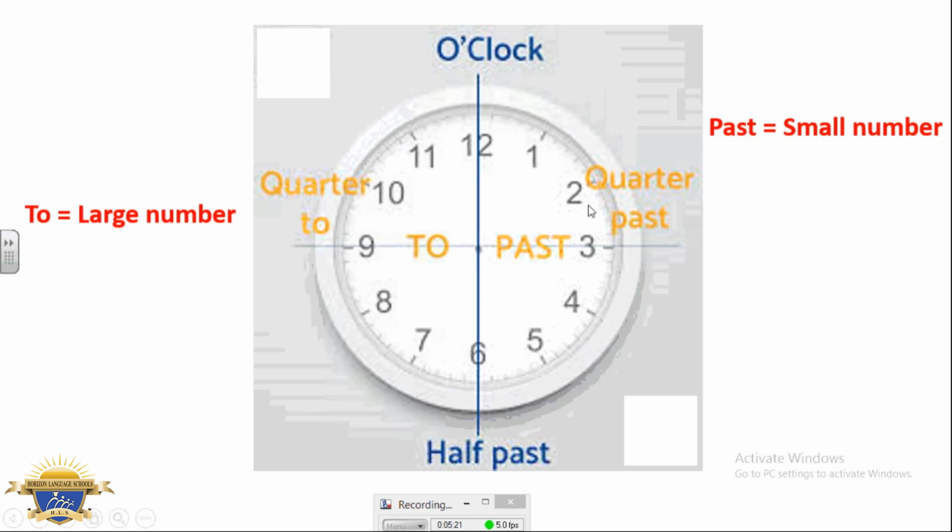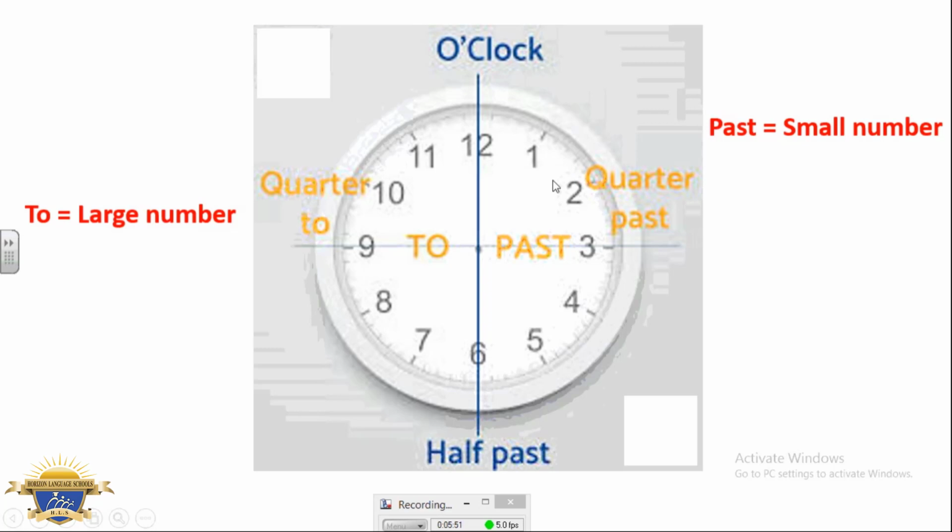Okay, let's divide the analog clock into two parts. The right side is past, okay? The left side is to. So we have here the right side past and the left side to.